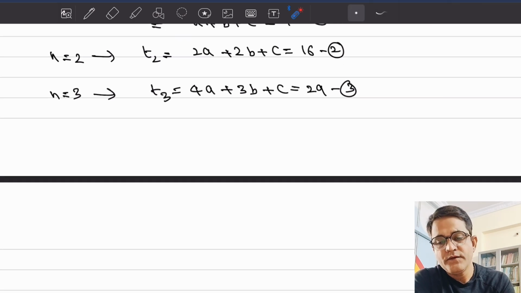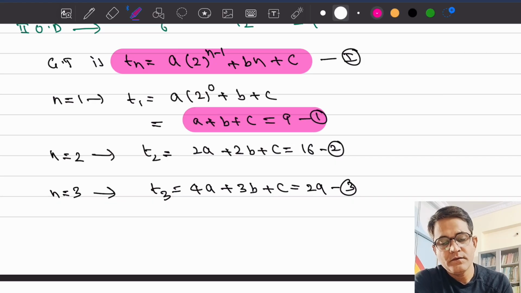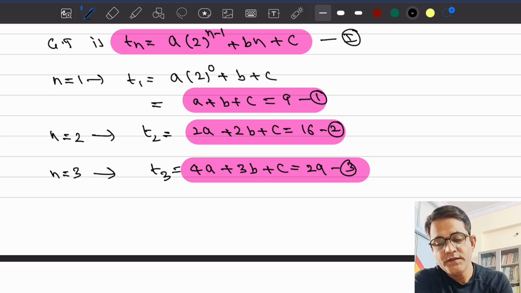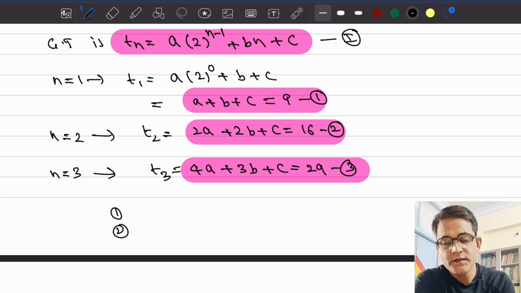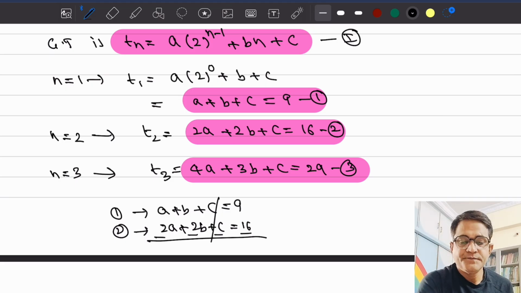To solve for A, B, C, first take the first and second equation. From 1 and 2, we will eliminate C. A plus B plus C is equal to 9. 2A plus 2B plus C is equal to 16. Subtract one from the other, C cancels.